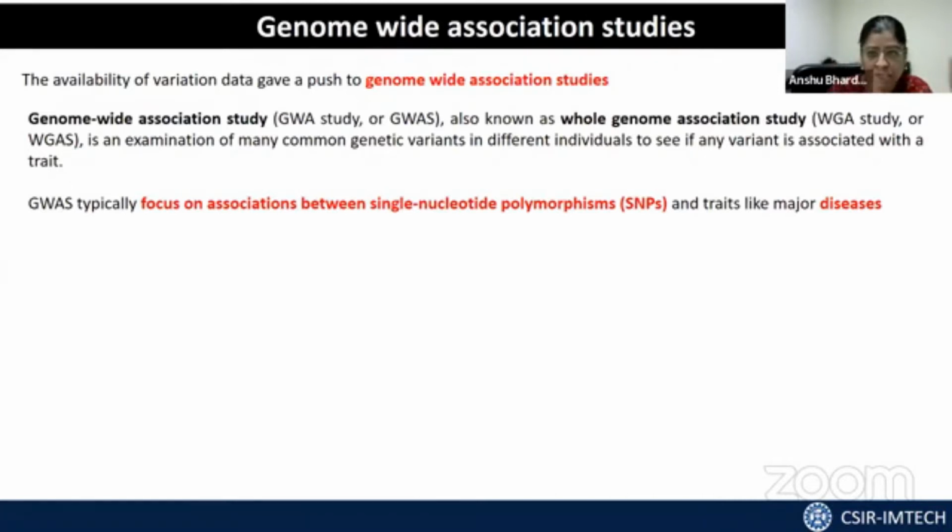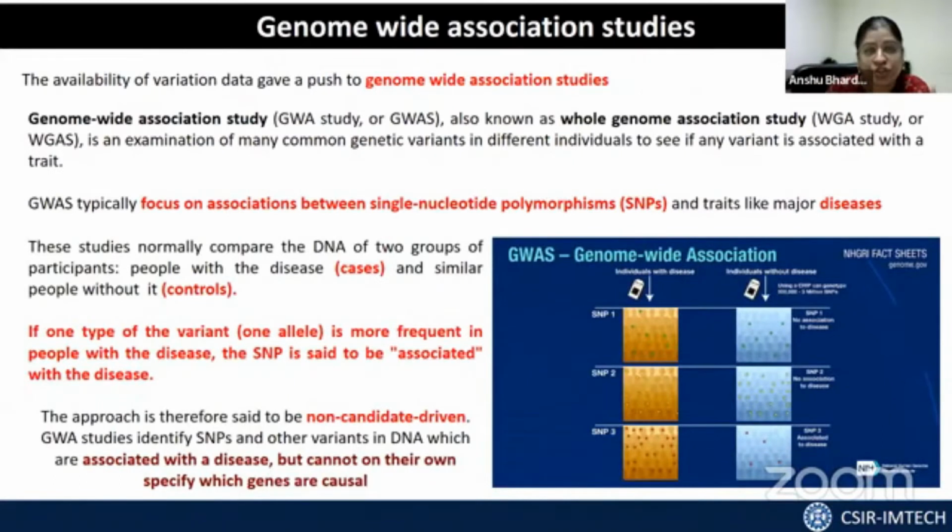You take two cohorts, two groups of individuals, one normal for the phenotype, the other one actually has the phenotype. And when I say phenotype, I'm saying the disease. And then you sequence them, compare, identify SNPs, and then start looking for association of these SNPs with the disease phenotype. Now, the word associated is kept very, very categorically here.